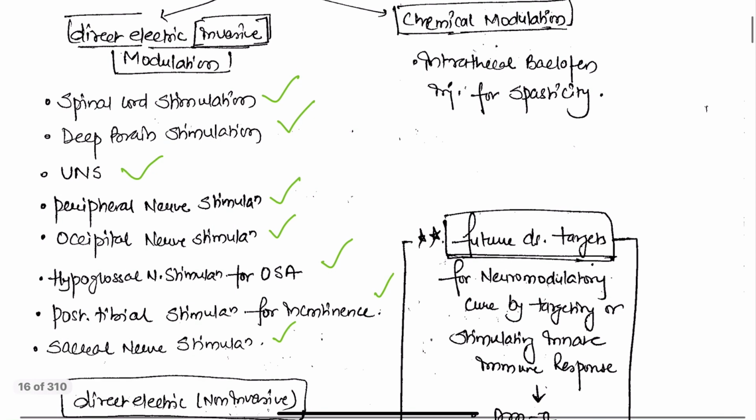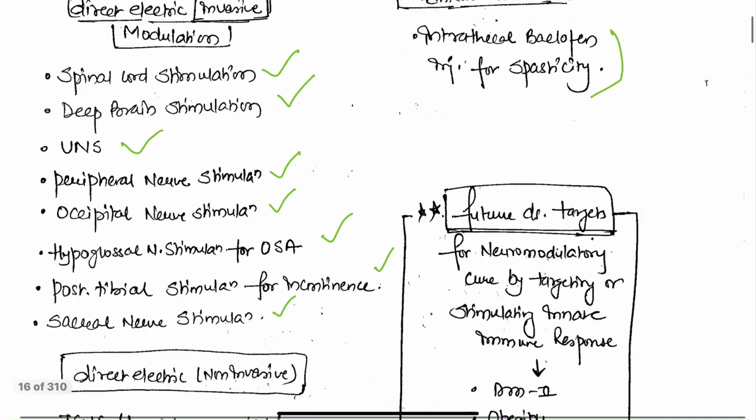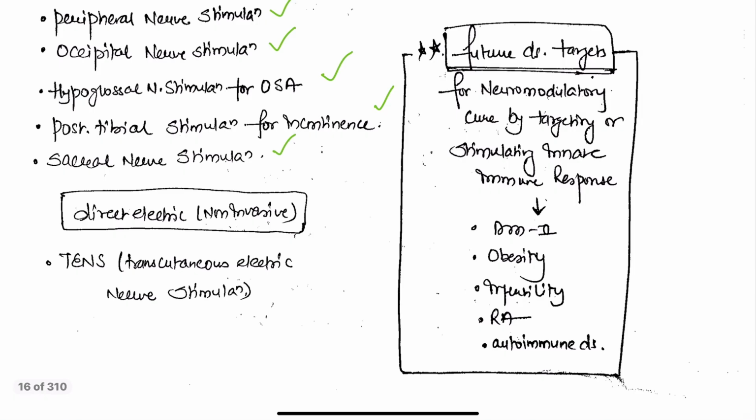And you have chemical modulation, that is intrathecal baclofen pumps for spasticity. And coming to electric modulation that is not invasive, that is your TENS.